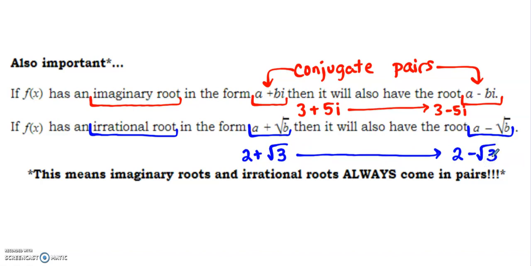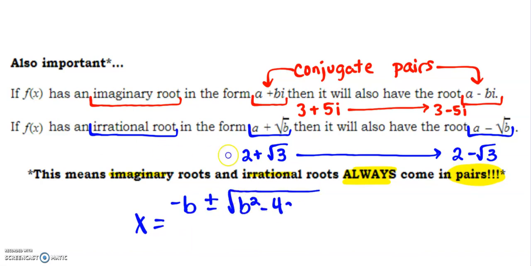And if you're wondering why that is, why is it that imaginary and irrational roots always come in pairs? Well, it has to do with the quadratic formula. Plus or minus the square root of b squared minus 4ac all over 2 times a. It's because of this part right here. The plus or minus square root aspect. Okay?